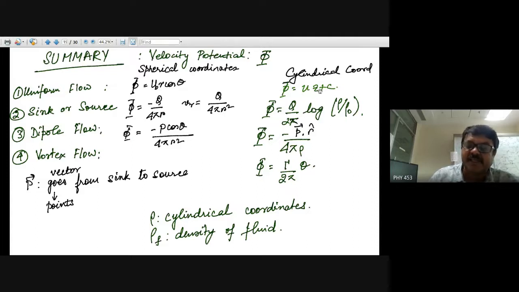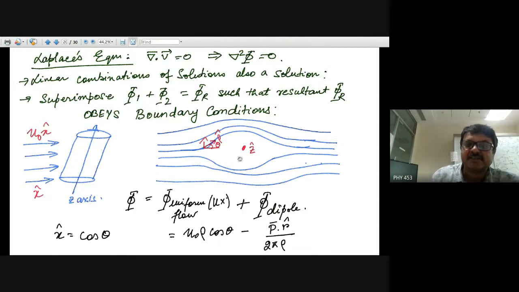But suppose you take X and the rho direction, then x is rho cos theta.